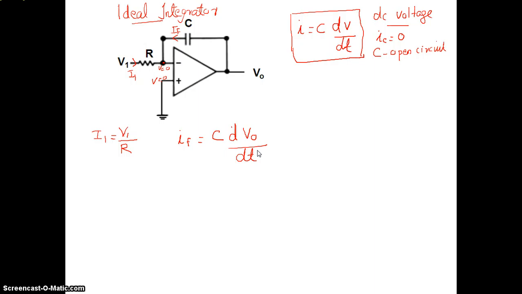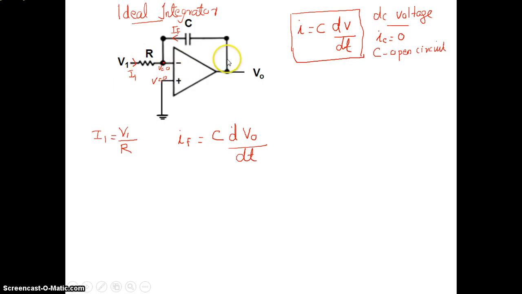Now, what is the total current here? If I apply KCL at this junction, I1 is entering, IF is entering, and no current can flow into the negative terminal of an op-amp, so that branch current is 0. So two currents, I1 and IF, are coming to the junction.